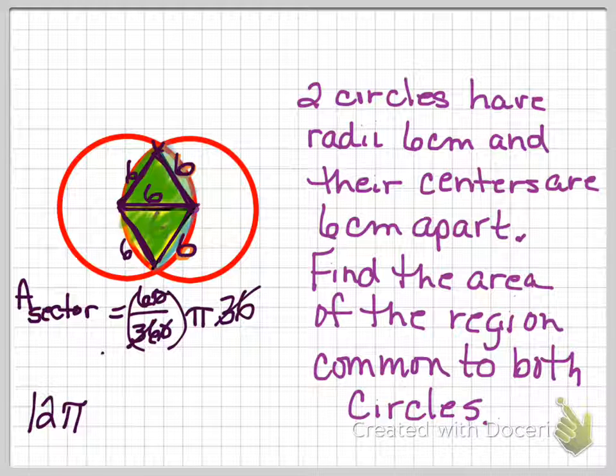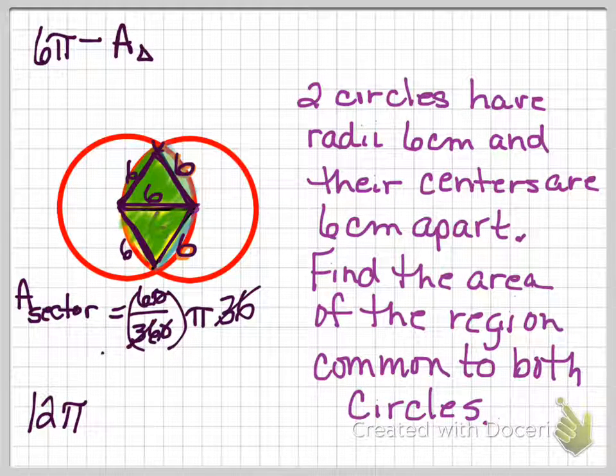So for one sector, we said that the area is 6 pi. So for that segment, I'm going to say 6 pi minus the area of the triangle.